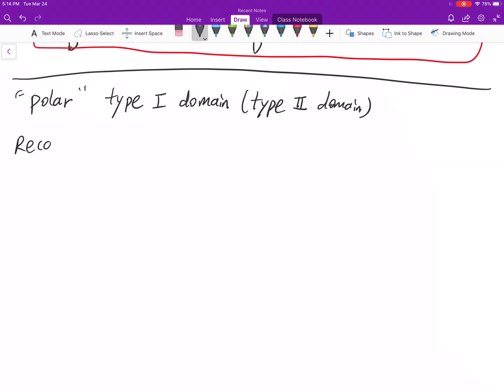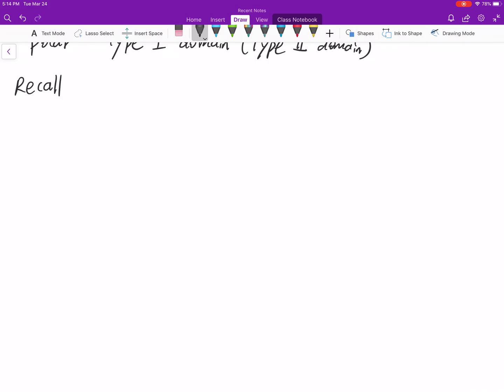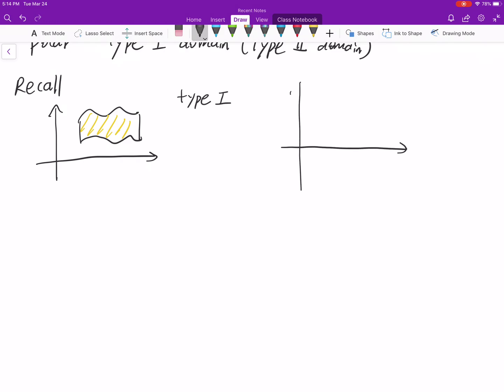First recall what a regular type 1 domain is. A regular type 1 domain looks like this, and the regular type 2 domain looks like this.